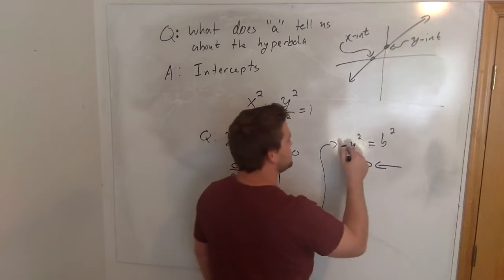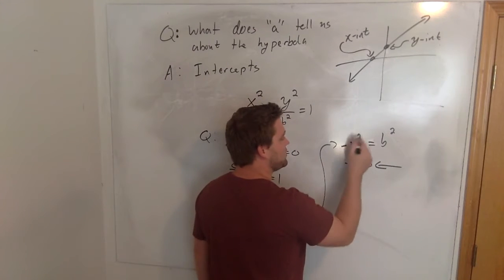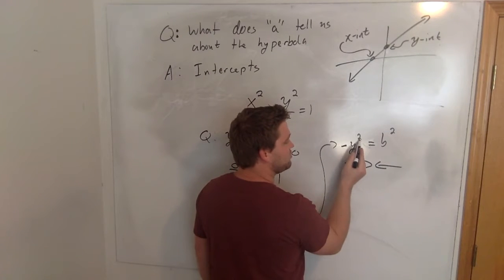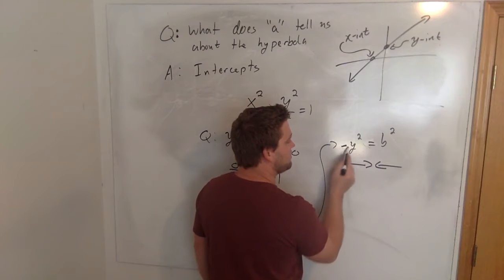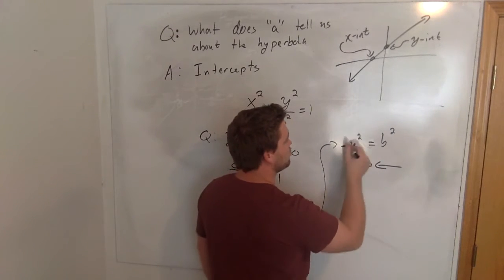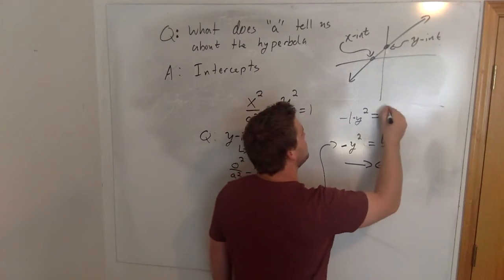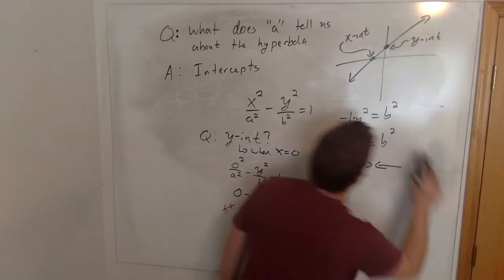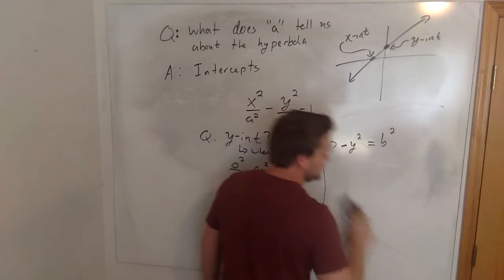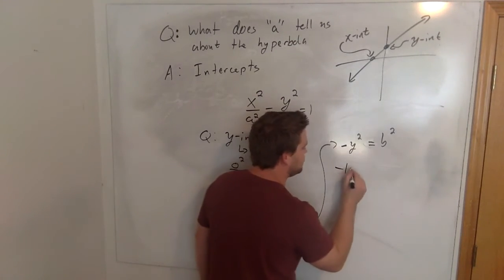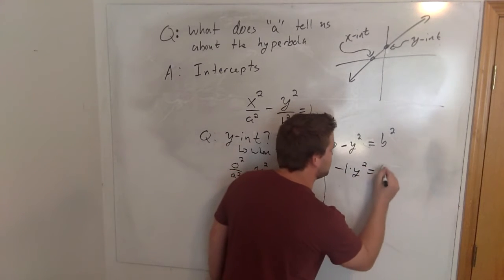Notice that when you see a negative y squared, the square only touches what's directly next to it, so the negative is not being squared. We can read this as negative 1 times y squared is equal to b squared.